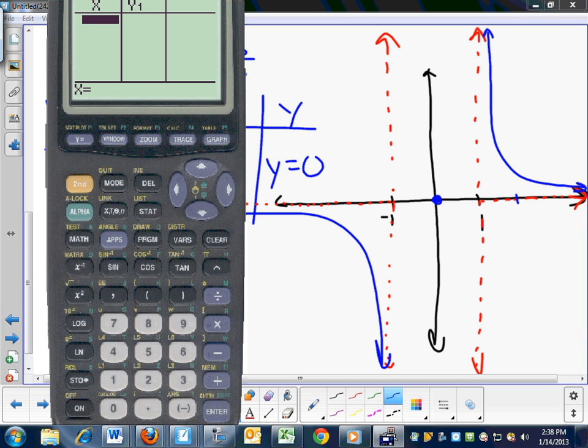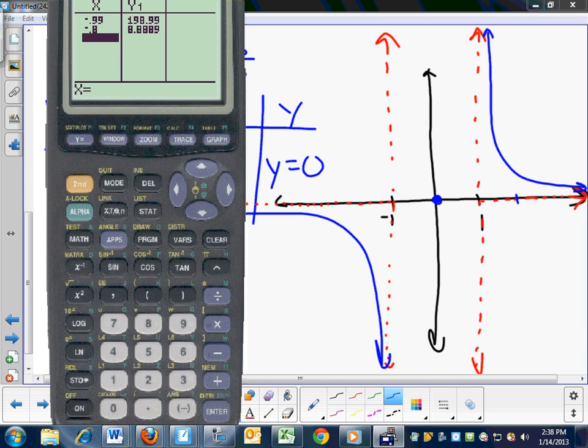I want to know what happens between -1 and +1. What's a number really close to -1 that we could plug in? Negative 0.99. Whoa. So is that above the x-axis or below it? It's above. Let's try like -0.8. Above or below?